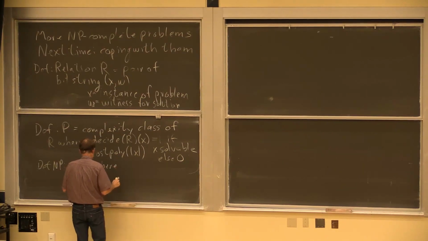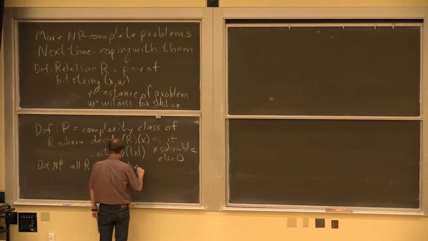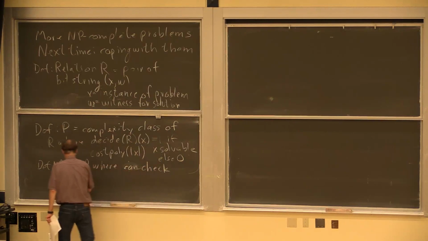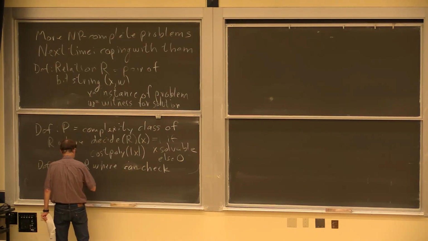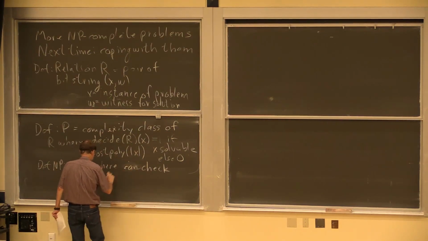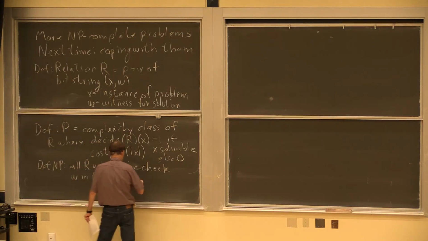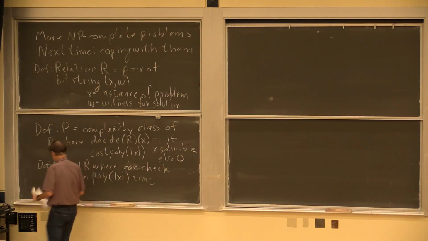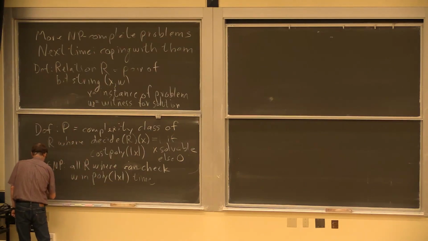where we can check a proposed witness in polynomial time. So the canonical example that we started with last time was circuit satisfiability.